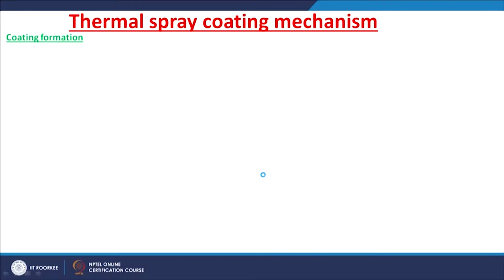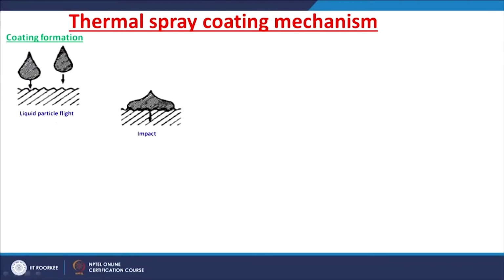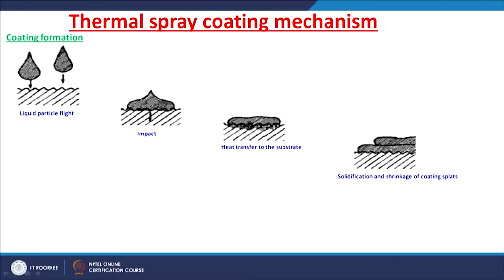So, thermal spray coating is generally done by a coating formation mechanism. Initially, as I told, the particles are heated to a molten or semi molten state. These particles impinge on the surface and while impinging they transfer the heat onto the substrate. In the later stages, they solidify into a coating splat.